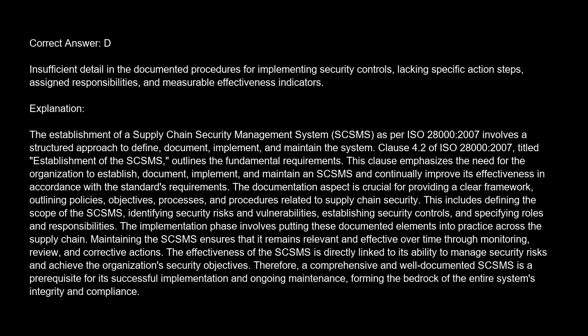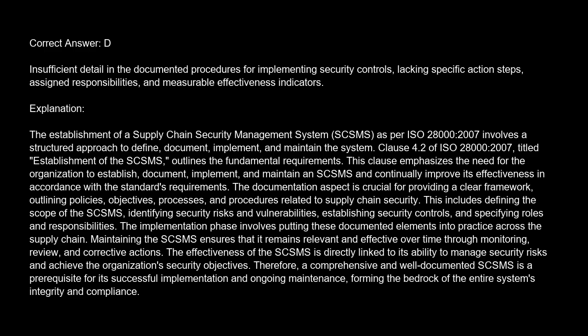The documentation aspect is crucial for providing a clear framework, outlining policies, objectives, processes, and procedures related to supply chain security. This includes defining the scope of the SCSMS, identifying security risks and vulnerabilities, establishing security controls, and specifying roles and responsibilities. The implementation phase involves putting these documented elements into practice across the supply chain.